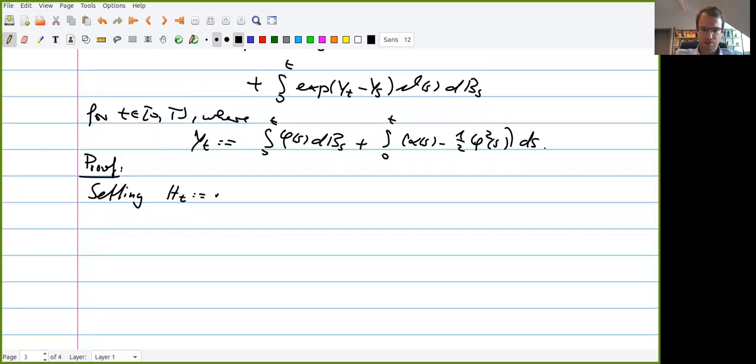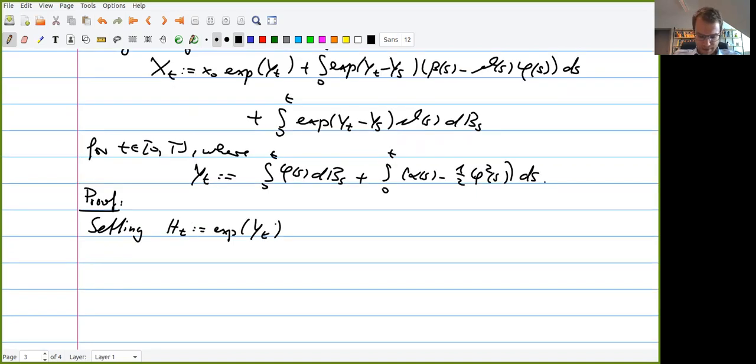So first, to make my life a bit easier, the exponential of y_t I want to define as h. All right. And then I want to introduce a process z_t, which is x_0 plus the integral of h inverse, right? h is a positive process, so I can now divide by it.